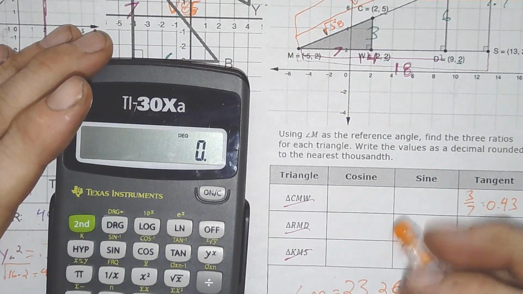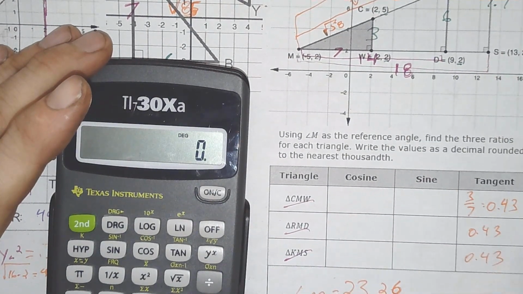And I know the sine of 23.26 equals, so I just have to solve for x here, and I'm effectively going to flip and flop.